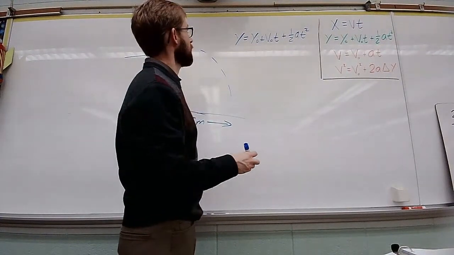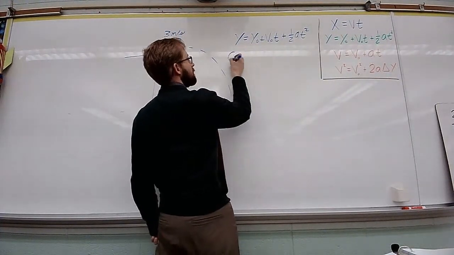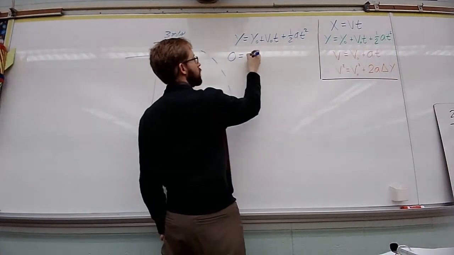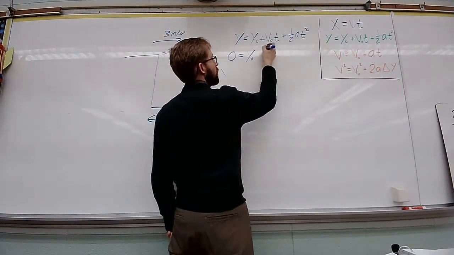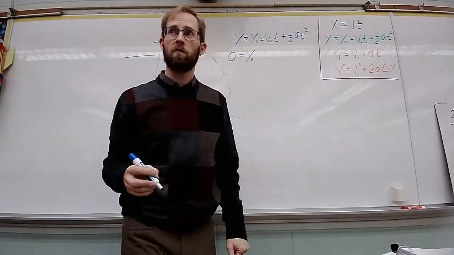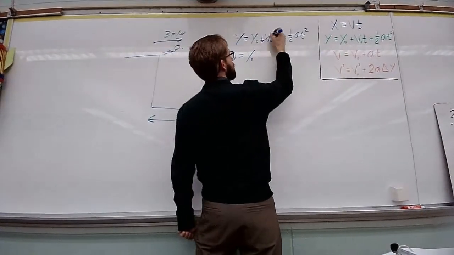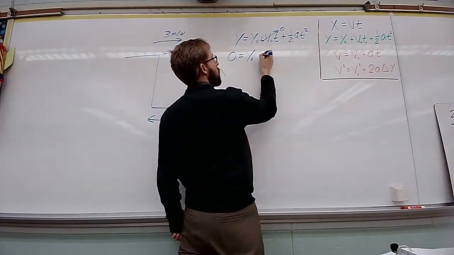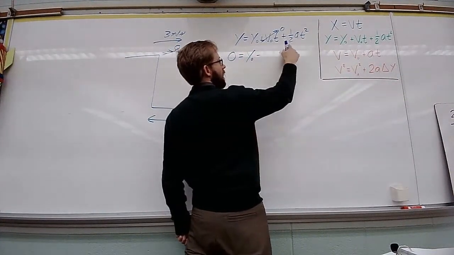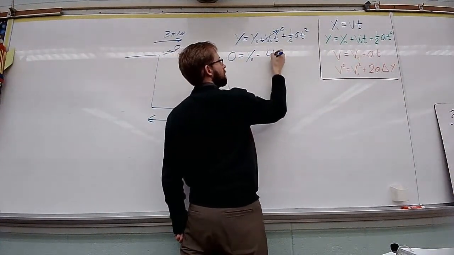In order to figure out that height, we know the final height is going to be 0. Original height is what we're looking for. Original velocity is going to be 0 because vertically he is not going anywhere originally. So that's 0. Then 1/2 at squared. 1/2 times negative 9.8 is negative 4.9.